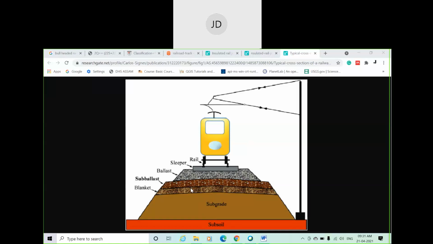The basic idea of placing all these components in such a manner is that you have to transfer the load over a larger area. First of all, you have to know that within a train, the train has a dead load. The wheel and the axle also have some weight.